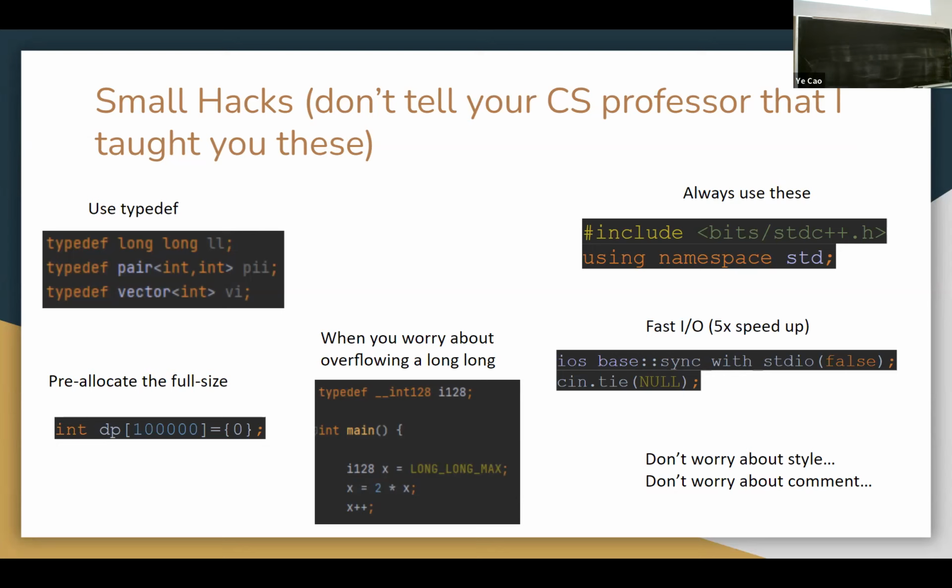A lot of competitive programming practitioners do that. And also pair of ints, very common to represent integer lattice points in the XY plane, PII, and vector of int, VI. That will make your life much easier when you want to define variables of these types very frequently.